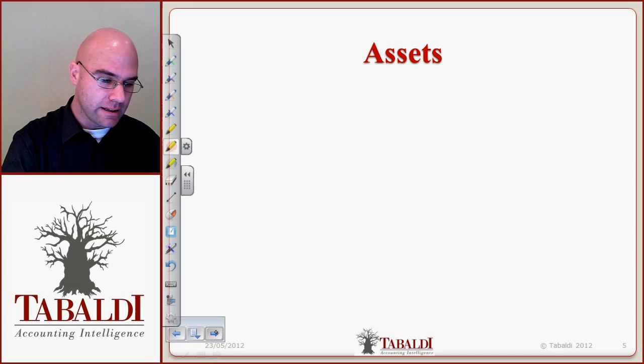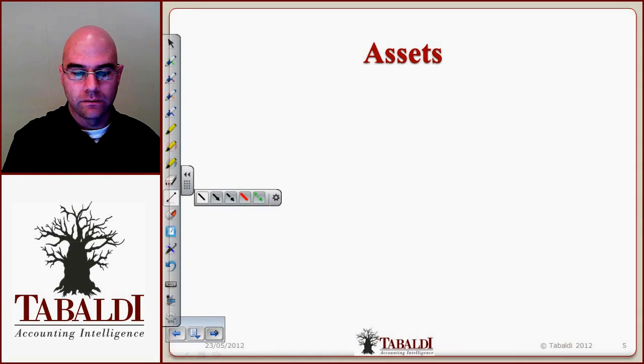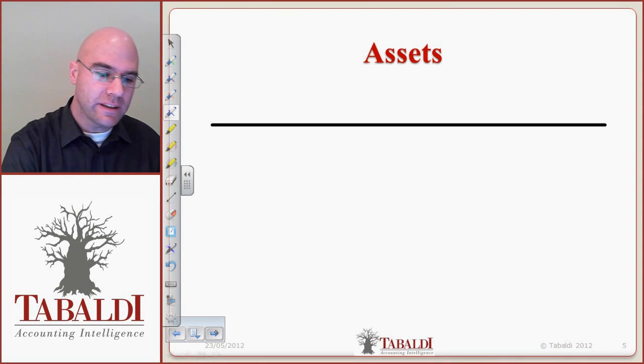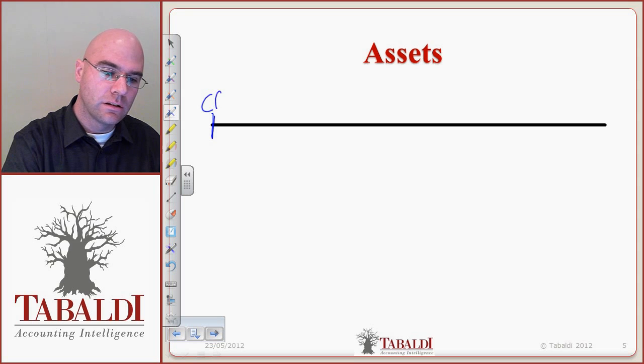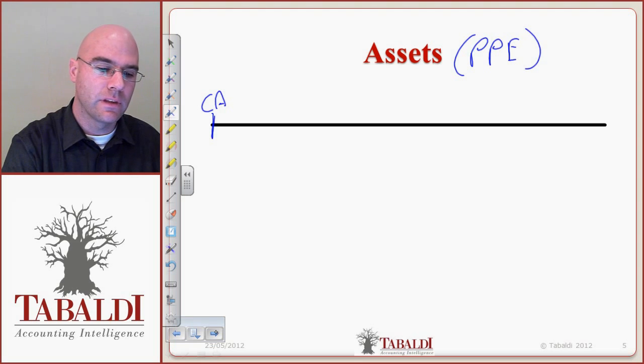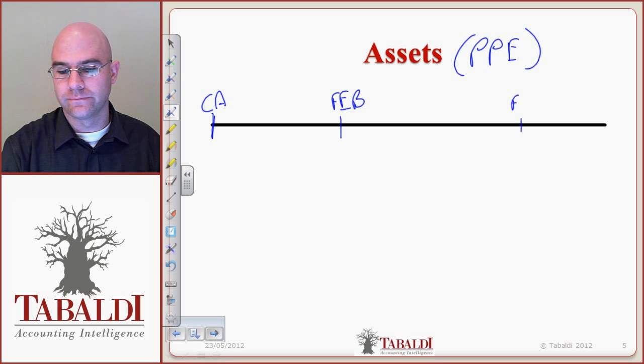Now, for assets, the core thing to remember here is what does the carrying amount of an asset, let's say we are talking about property, plant and equipment in terms of IAS 16, represent? That carrying amount represents future economic benefits.